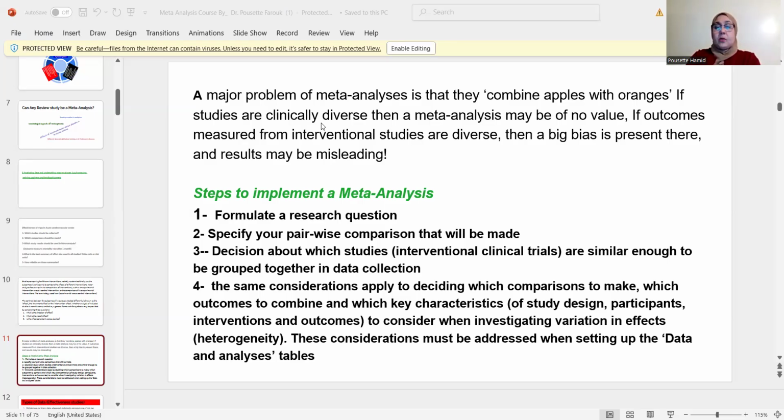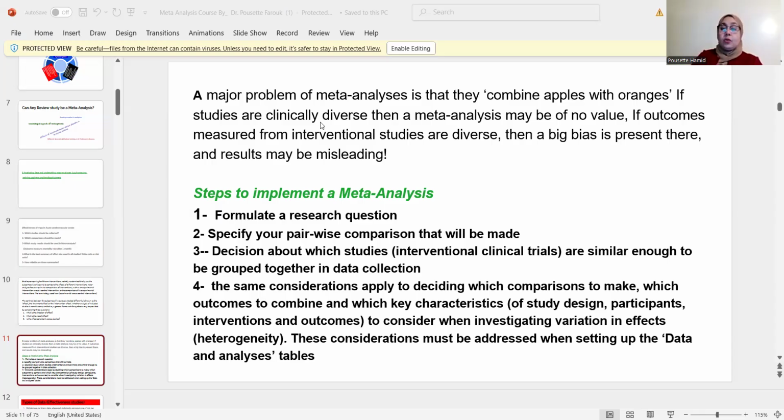The same consideration apply to deciding which comparisons to make, which outcome to combine, and which key characteristics of the study design, of the participant intervention, of the outcomes to consider when investigating variation in effects.